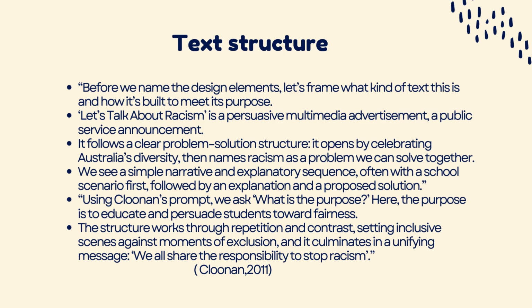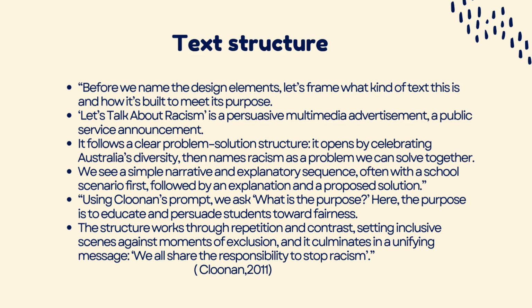Now, before we name the design elements, let's frame what kind of text this is and how it's built to meet its purpose. Let's Talk About Racism is a persuasive multimedia advertisement, a public service announcement. It follows a clear problem-solution structure. It opens by celebrating Australia's diversity, then names racism as a problem we can solve together.